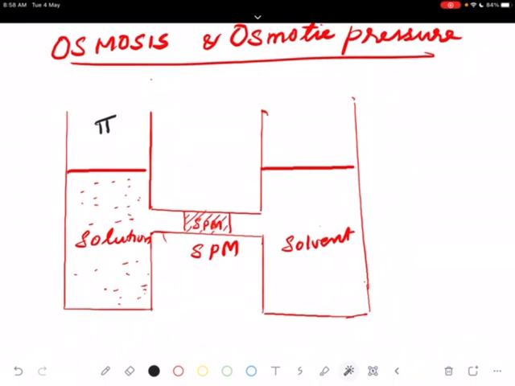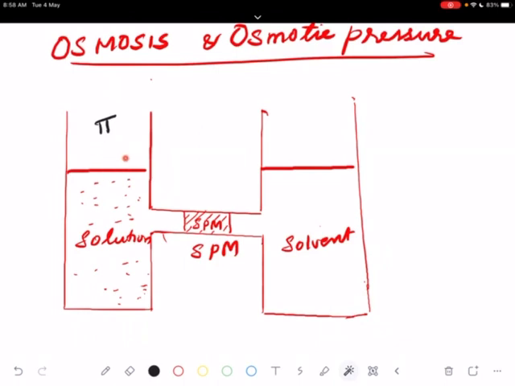Actually, from lower concentration, solvent will be flowing to higher concentration. You can take two concentrations: this is higher concentration, this is lower concentration, or this is solution, this is solvent. Solvent from this side will be entering the solution side, so the level here would be rising.